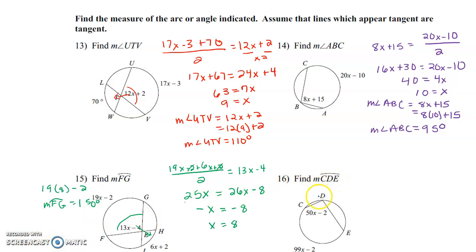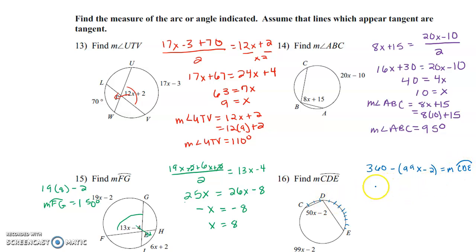Find the measure of the arc CDE. So it's going to be all of this. Okay, well, I don't have anything that relates to this, but I know that if I could find this arc, the 99x minus 2, 360 minus this, I'm thinking 360 minus my 99x minus 2 would equal the measure of arc CDE.